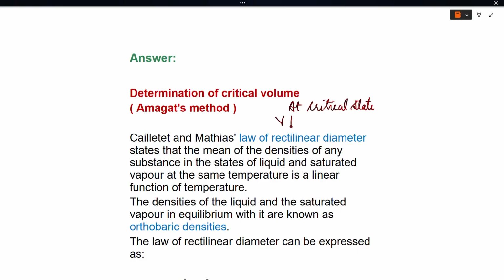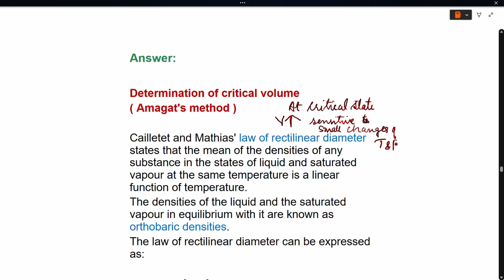At that condition, the volume of the fluid will be very high, and it is sensitive to even small changes of temperature and pressure. Small variations or small errors in temperature and pressure will cause a drastic change in volume, and therefore, the measurement of volume at critical condition is very difficult.